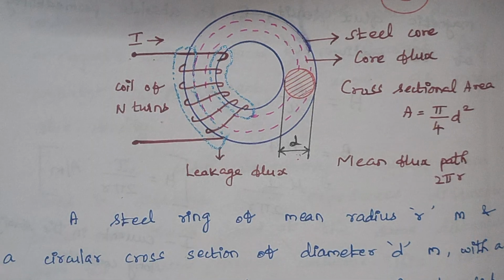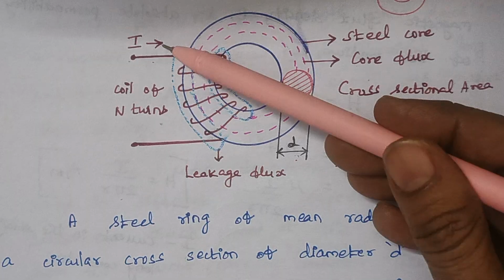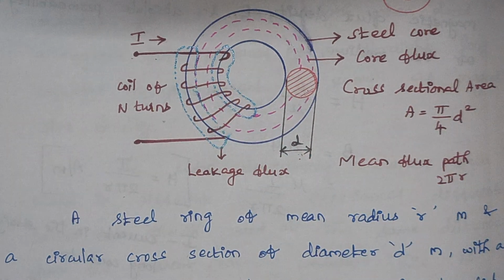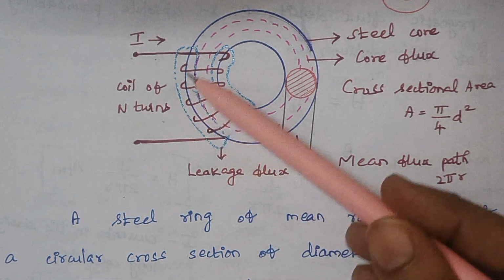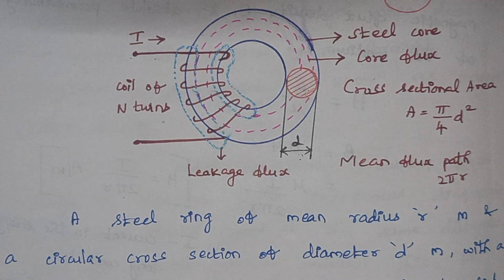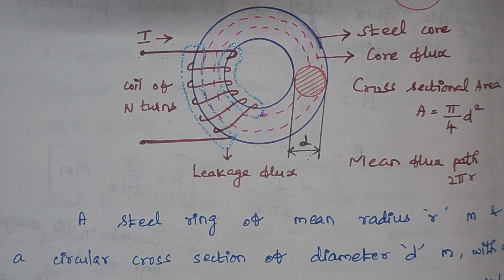The product of the number of turns of the coil and the current is known as the magnetomotive force. This magnetomotive force is the main reason for the production of magnetic flux in the steel core.